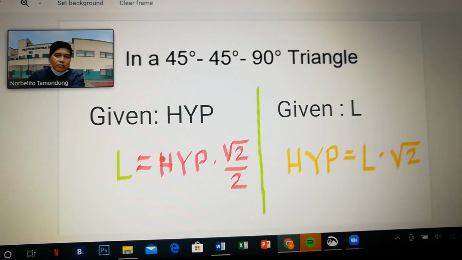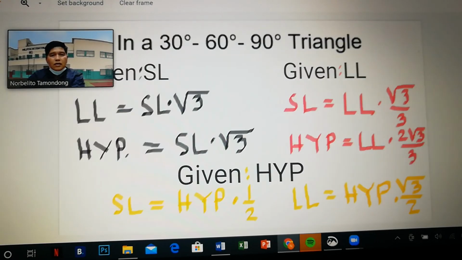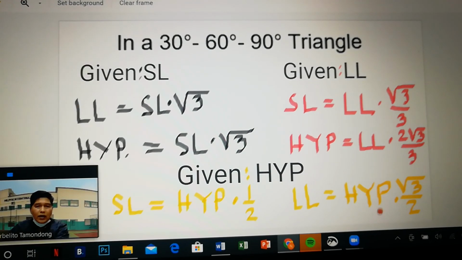Ito yung formula po natin. Given the hypotenuse, ito yung formula. Given the leg, this is the formula for the hypotenuse. Then for the 30, 60, 90, ito naman yung mga formula natin, how to find the length of the other two sides given the shorter leg, given the longer leg, and given the hypotenuse.